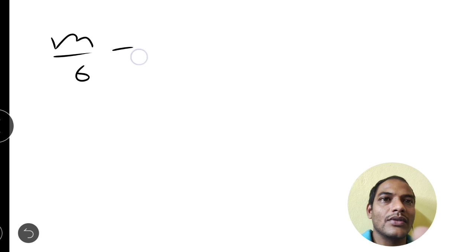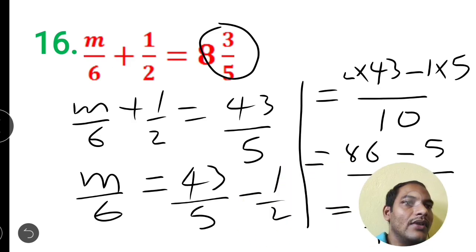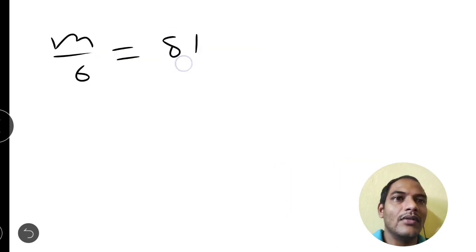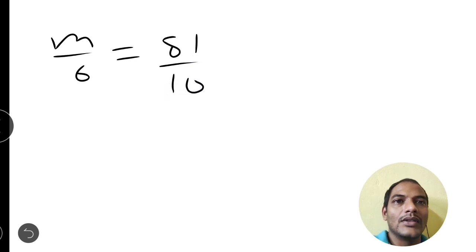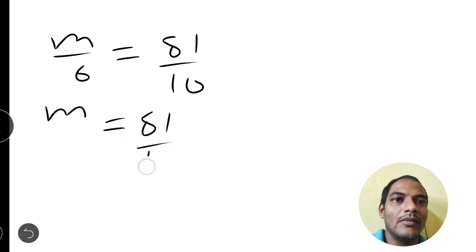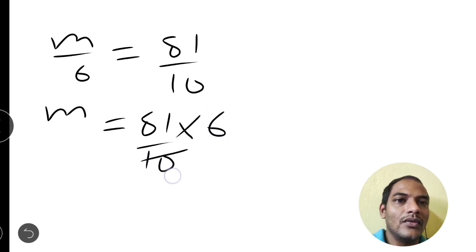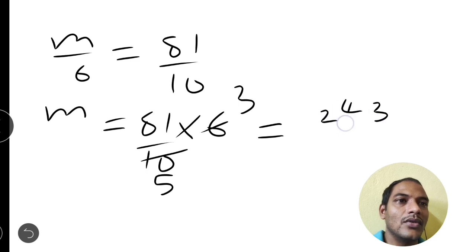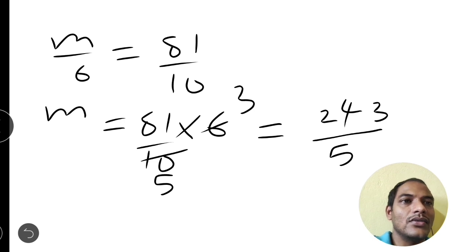M by 6 equals 81 divided by 10. Now denominator 6 transposes to the RHS side. So m equals 81 divided by 10 into 6. Here 2 5s are 10, 2 3s are 6. So then it is equals to 3 1s are 3, 81 divided by 3 is 27, 243 divided by 5. So the required answer is 243 divided by 5.